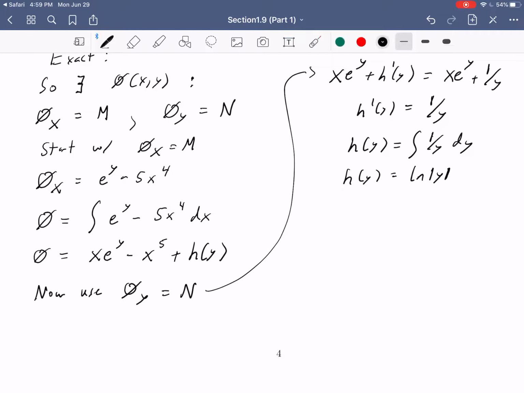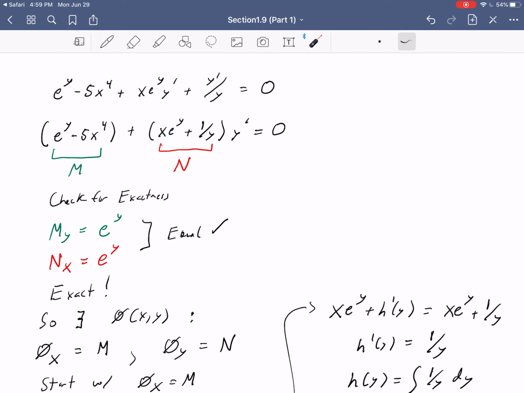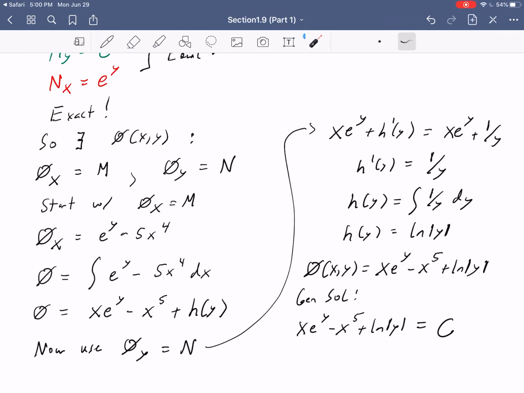We actually need one this time, and that tells us that our phi, our potential function, is x e to the y minus x to the fifth plus ln absolute value y. So there's our potential function, and that tells us that our general solution is x e to the y minus x to the fifth plus ln absolute value y equals c. But if we go back, we remember we're actually trying to find a unique solution to this IVP, so we can plug in.